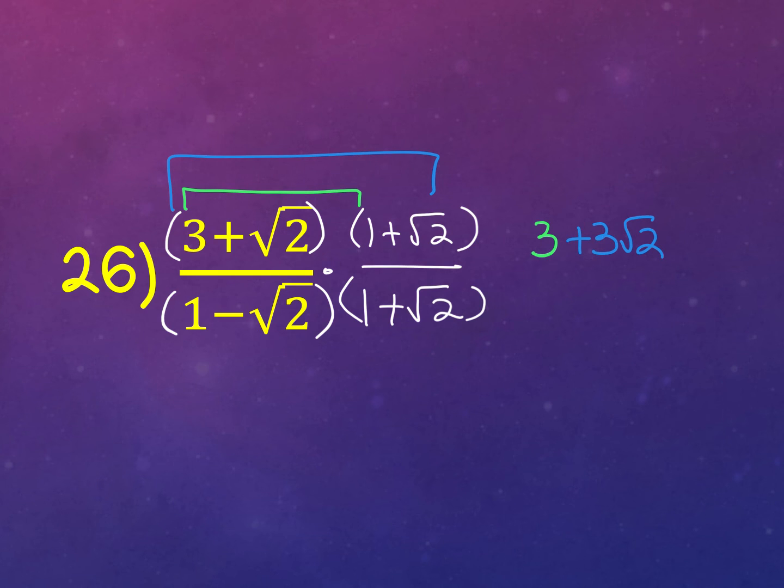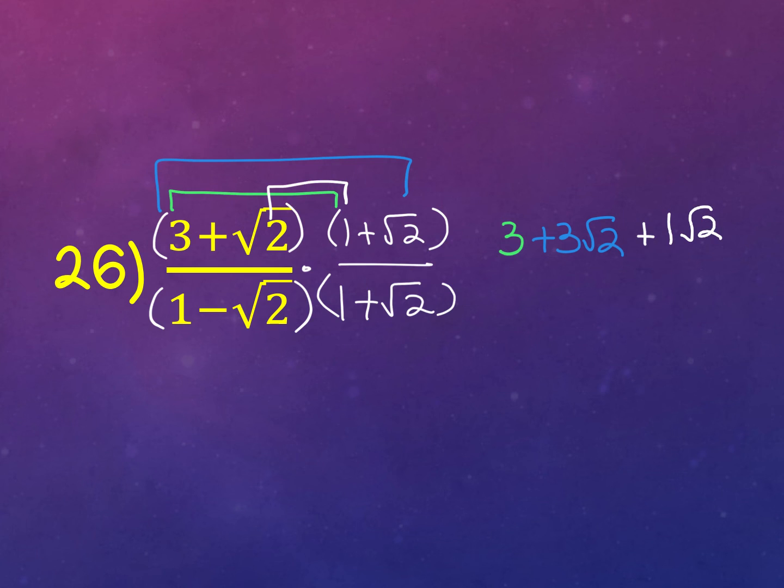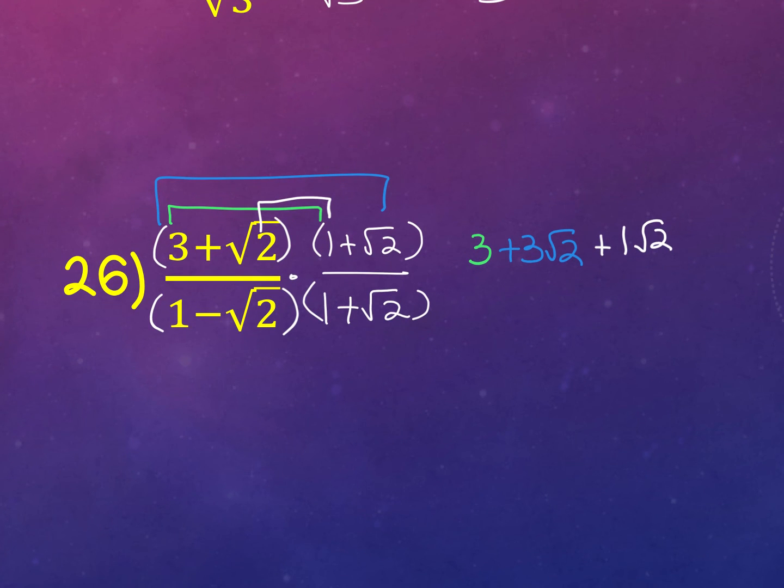The inside gives me radical 2 times 1, which is just going to be 1 radical 2. Now, the reason why I showed you the 1 is you could have just written this as radical 2, but when we go to combine those, we're going to need to remember we're adding coefficients. So then finally we'll do last. Radical 2 times radical 2 is just going to give me positive 2. That's just for the numerator.